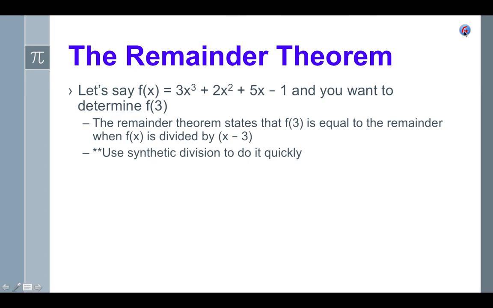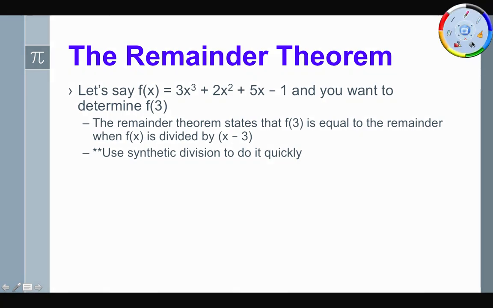Now, let me point out what I mentioned in the beginning. f of 3 would mean, let's take 3 and go 3 cubed plus 2 times 3 squared plus 5 times 3 minus 1. Yeah, you'd have to go to your calculator and do that, but synthetic division usually doesn't need a calculator.